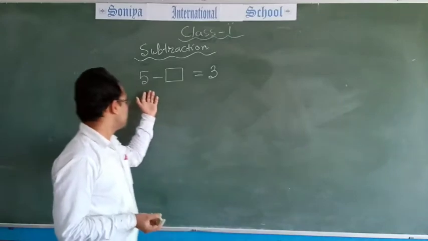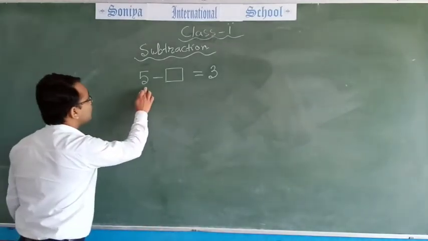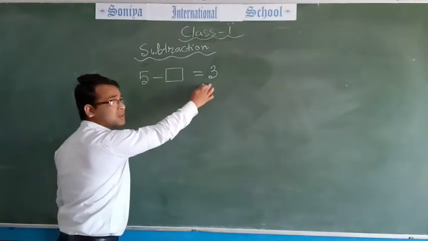How will we solve this? How many numbers are here? 5 numbers, and answer is 3.